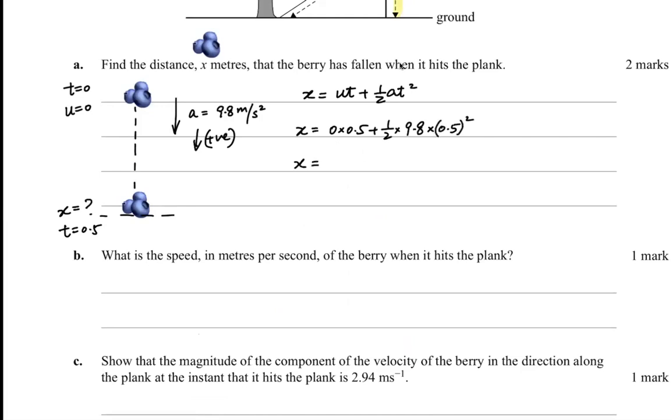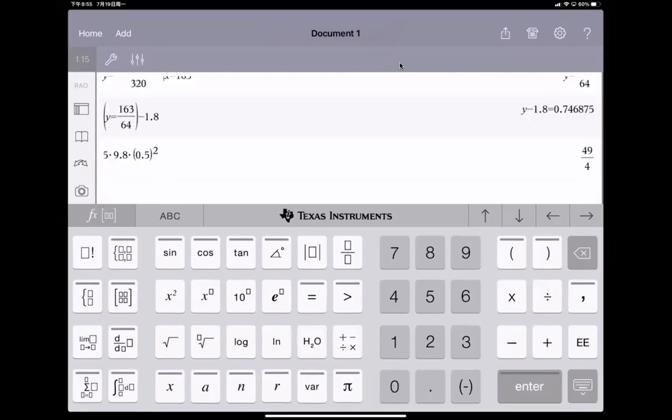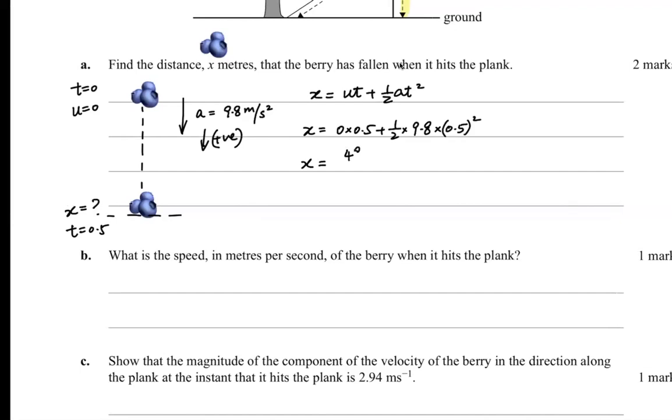So X should be, let me see, 49/4. Hold on a second. No, this bit should be 0.5. Yep, 49/40. That makes much more sense. Or you could say it's 1.45 meters in decimal form.